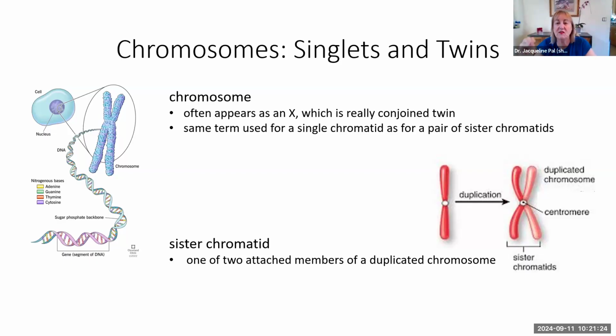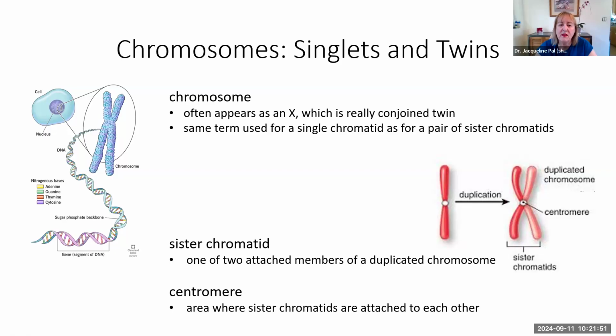So a sister chromatid is one of the two attached members of a duplicated chromosome. So I'll try to be really clear when I'm talking about chromosomes, and you'll know if I'm talking about the little singlet chromosome. But otherwise, most of the time when we're talking chromosomes today, we're going to be talking about duplicated chromosomes.